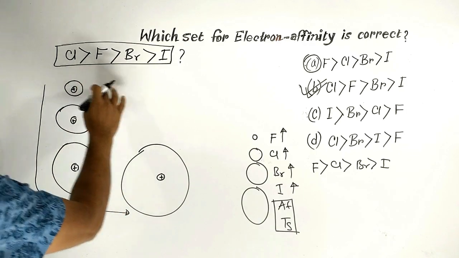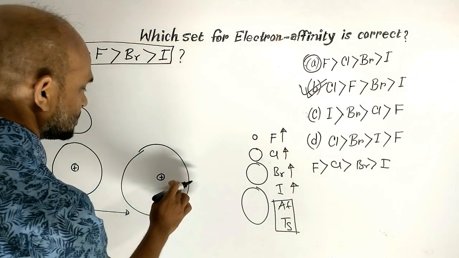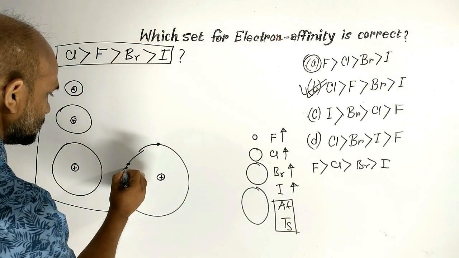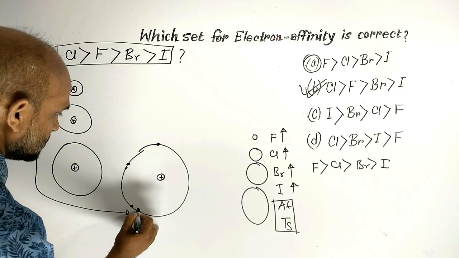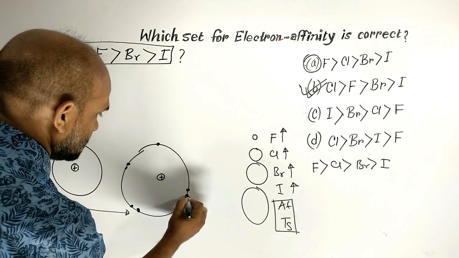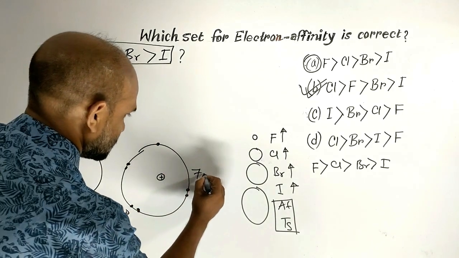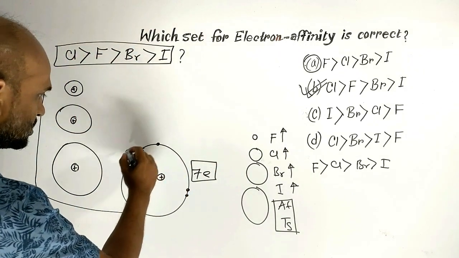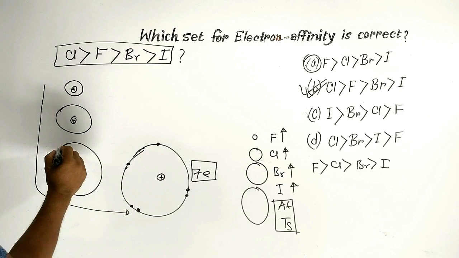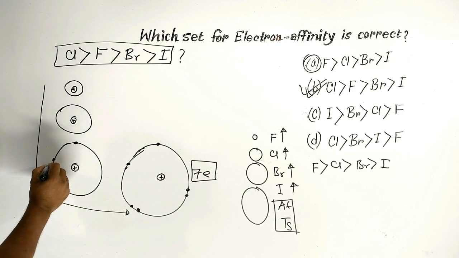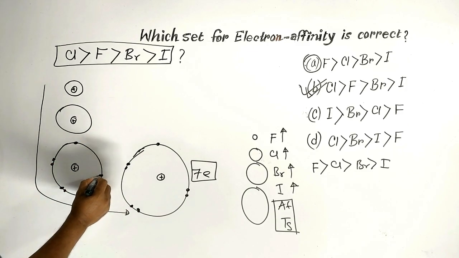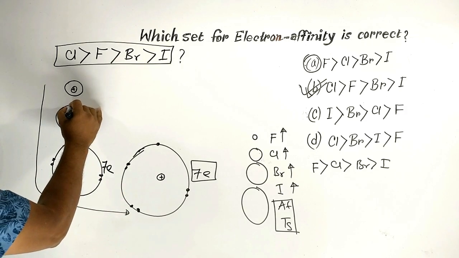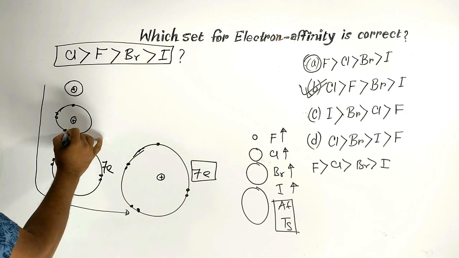All the atoms carry 7 electrons in their outermost shell. Here 7 electrons, 7 electrons, 7 electrons, 7 electrons in the outermost shell.